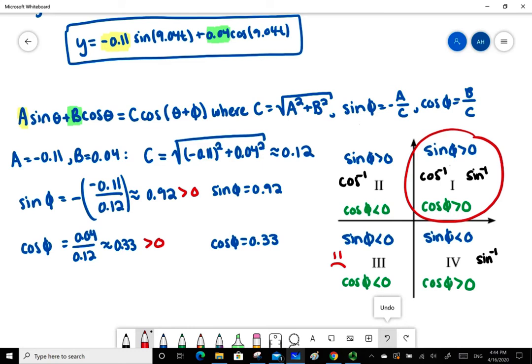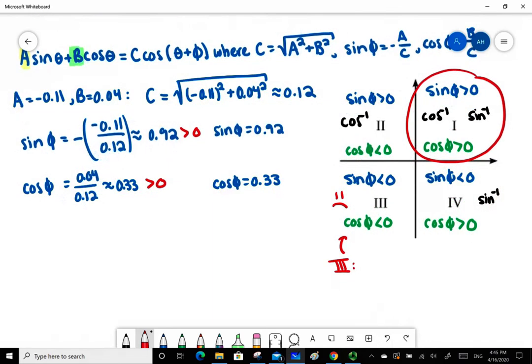You'll need to modify the output in one of two ways. If you use inverse sine, then the correct angle is pi minus the inverse sine of negative a over c. Or if you use inverse cosine, the correct angle will be 2 pi minus the inverse cosine of b over c. And if your angle is in quadrant 4, then inverse sine will give you the correct angle right away.